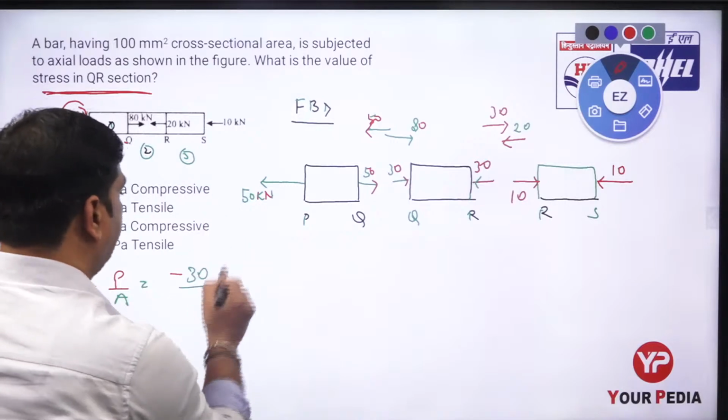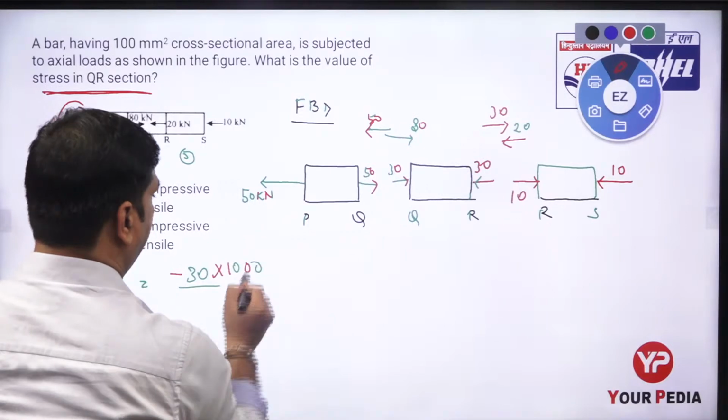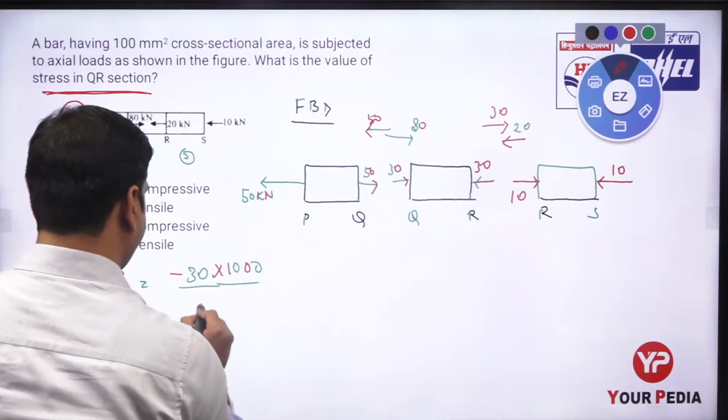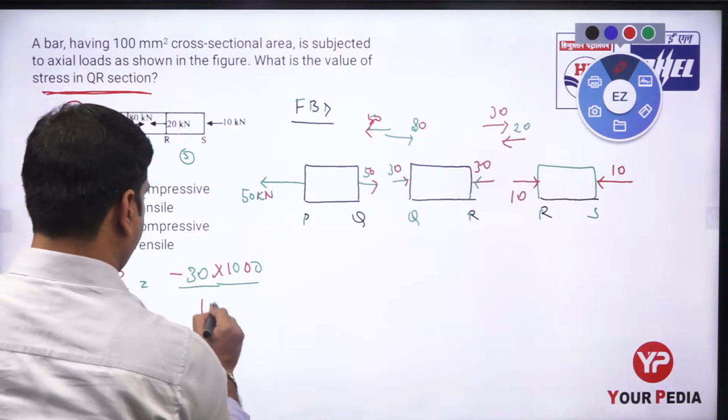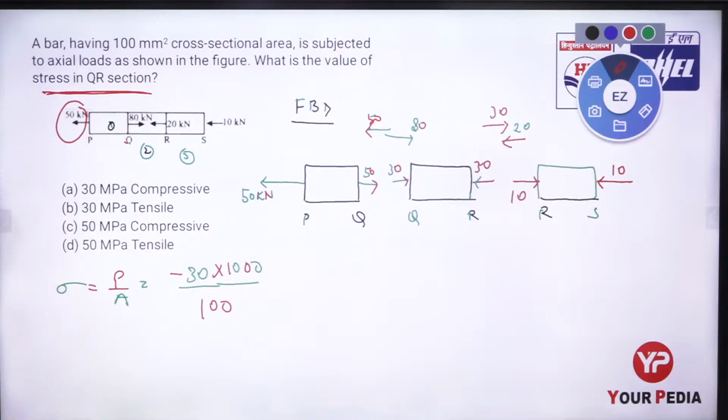Since it is in kilonewton, you multiply by 1000. After that, you see the area. Area is 100 mm square. Is this clear?